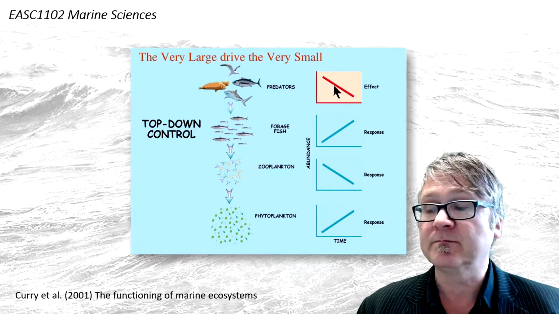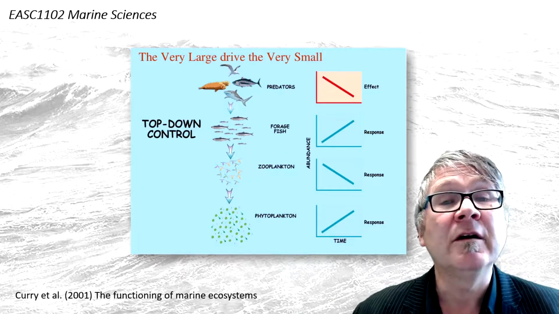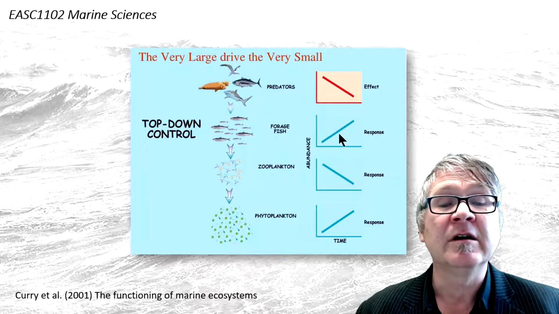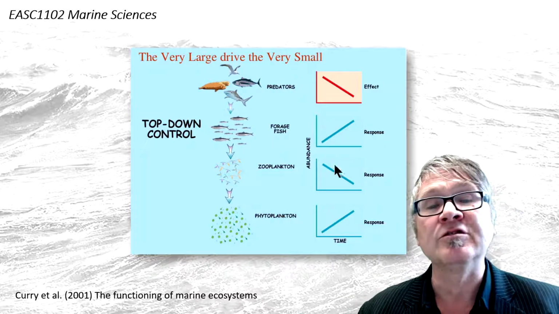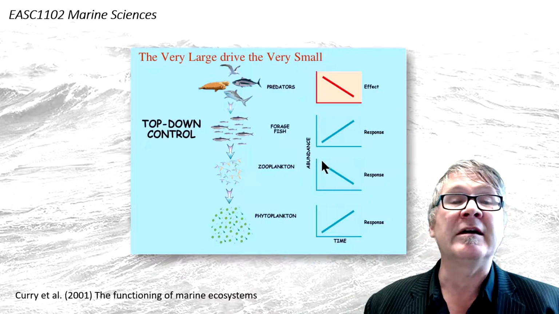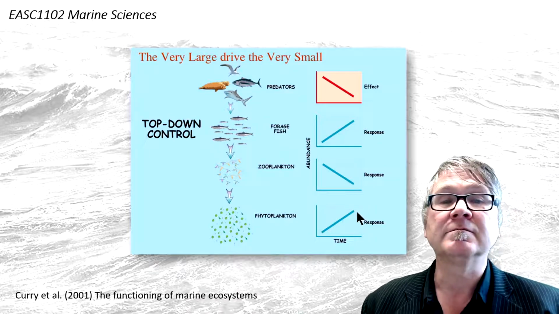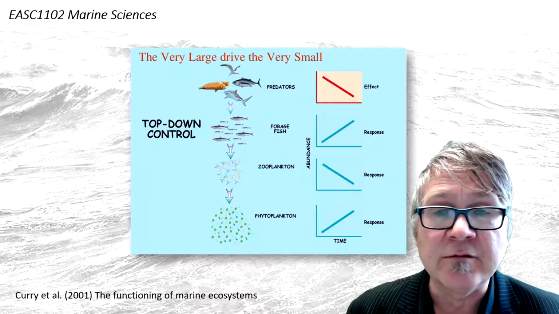So what happens? You have less predators, you actually get more forage fish. So you get an increase in the number of forage fish. If you have more forage fish, however, they feed more on zooplankton. The zooplankton abundance decreases, and then you get more phytoplankton. This is a top-down control, which looks significantly different to the bottom-up control.